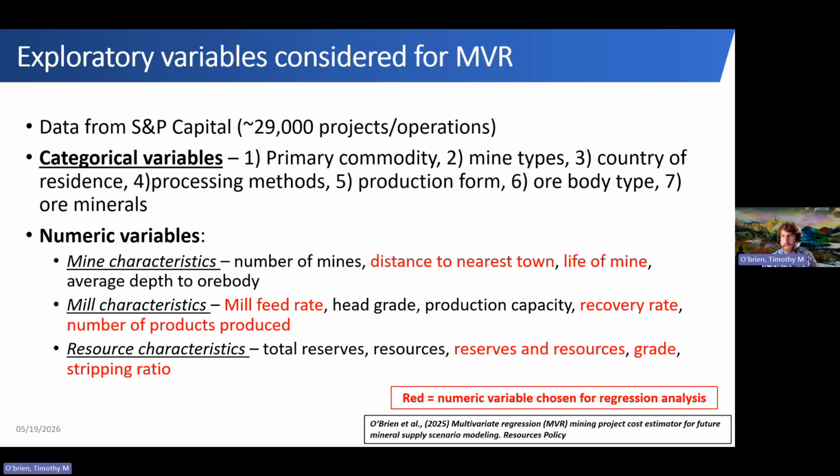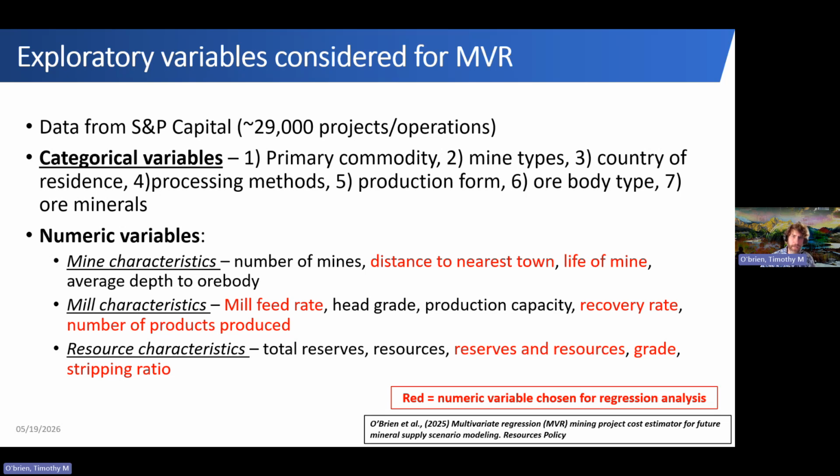Is it an open pit? Is it underground? Or how many mines? There may be 2 open pits on the same project. And then what kind of processing methods and what kind of forms were they going to produce? As well as that, looking at some numeric variables, and the ones that are highlighted in red are the ones that were specifically chosen for the regression analyses.